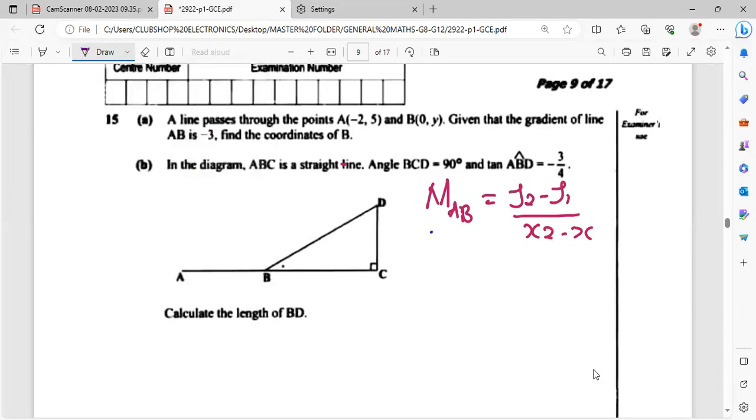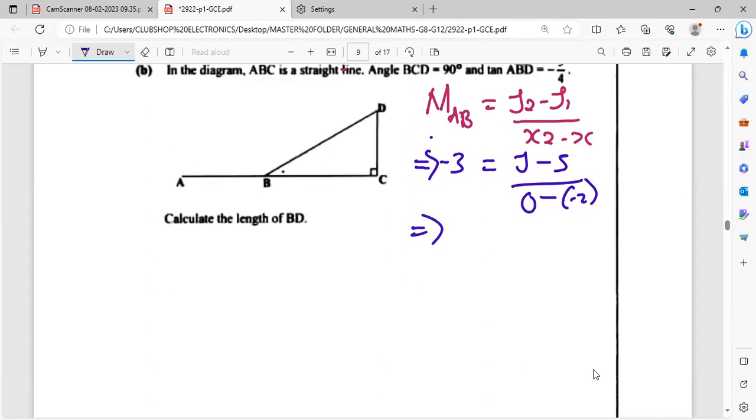But they're saying the gradient is -3. So -3 is equal to, if we say this is our first point and this is our second point, y minus 5 over 0 minus -2.